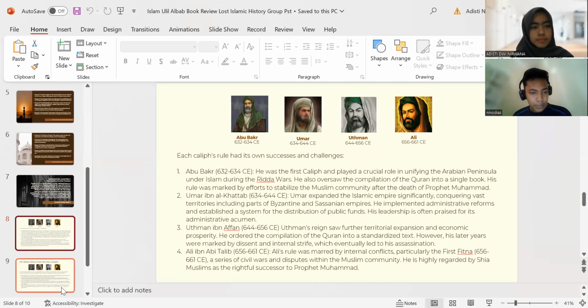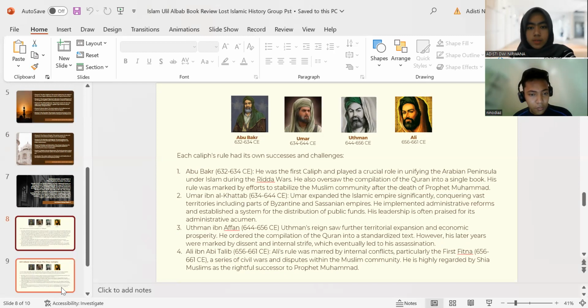Okay, the next is the Caliphs. Each Caliph's rule had its own successes and challenges. The first is Abu Bakr, reign 632 until 634 CE.